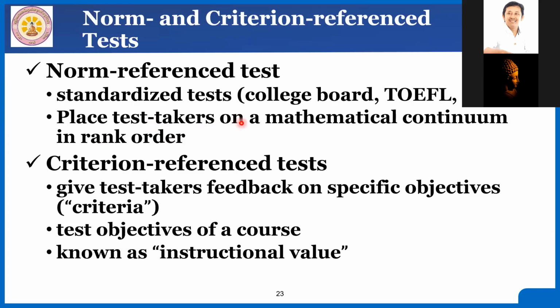As I mentioned already, okay, if you want to test the students' math, and then you set a limited number of students, you do not base it on their result, but on the top one until the limited number that you wish to be, okay, that you want them, yes, right? Okay. Yep. Next one, criterion-referenced test. Give test takers feedback on specific objectives that we call criteria.